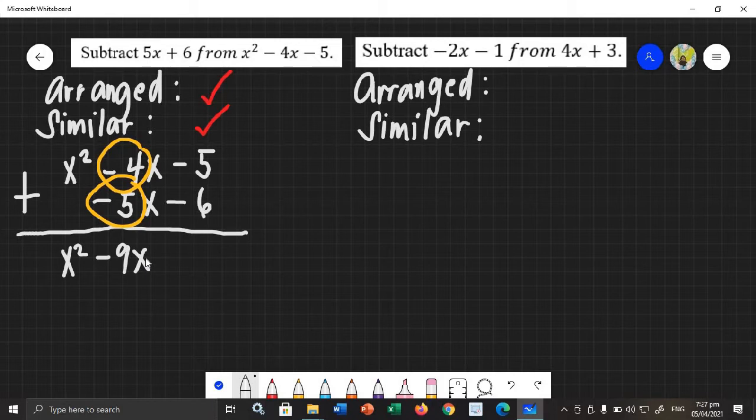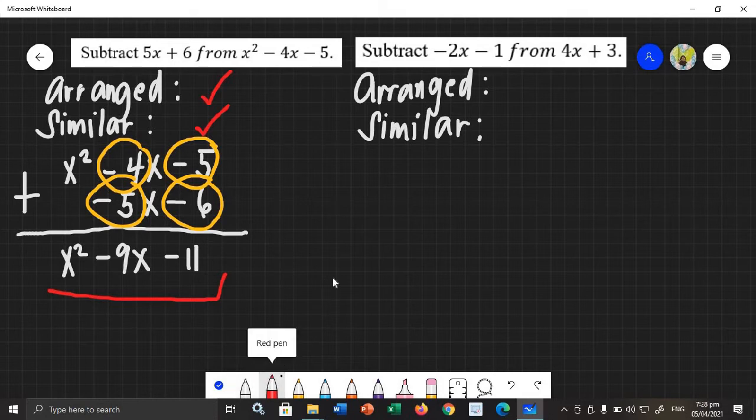Kasi you're going to apply that into this lesson. And then, we will also be adding the constants, which is negative 5 and negative 6. Therefore, the answer is negative 11. So, this will be now your difference. Okay? The difference is x squared minus 9x minus 11. Okay? So, that is the difference for the first example.